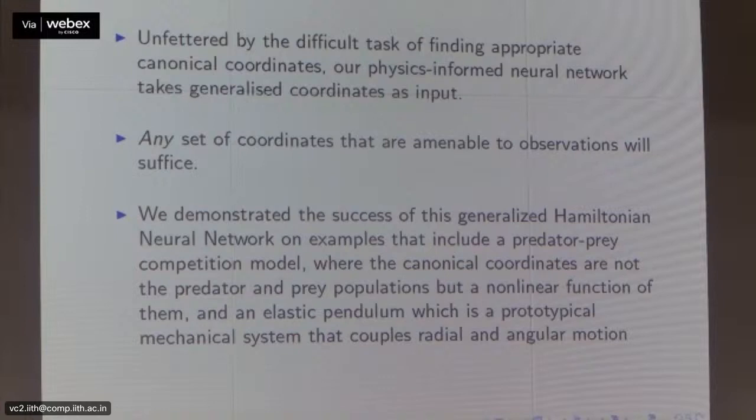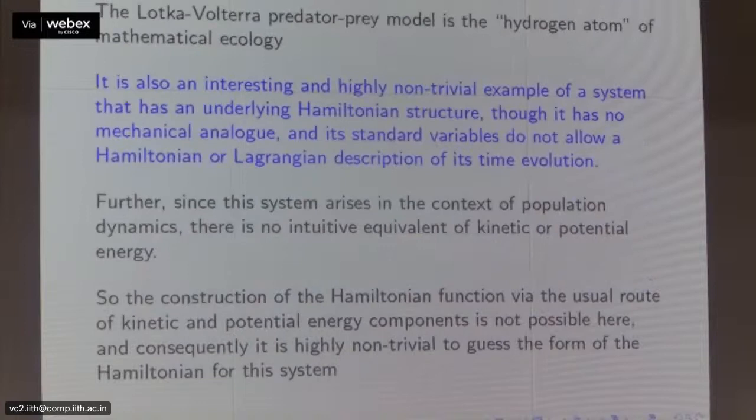We tried, of course, the usual elastic pendulum, where there is a coupling between radial and angular motion. And of course, Lotka-Volterra is a really non-trivial example of underlying Hamiltonians. Who would have thought sheep and rabbits have Hamiltonian structure? They are not related to any mechanical property. So you can't guess it.